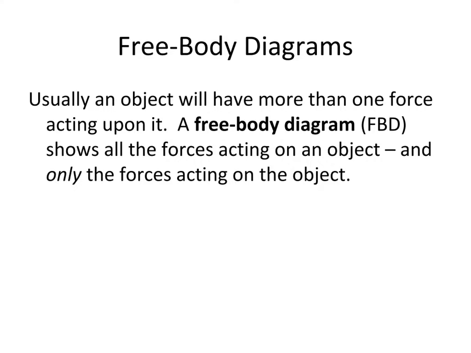And only the forces acting on the object. So they will not show the forces that the object exerts on other objects. They are only the forces acting on that one single object or mass or free body.